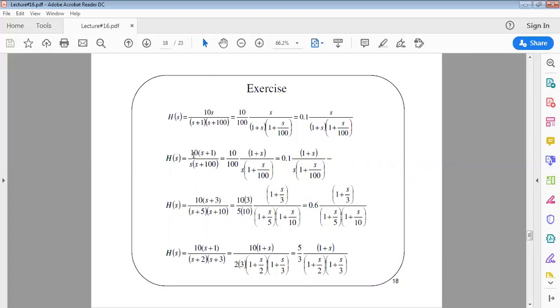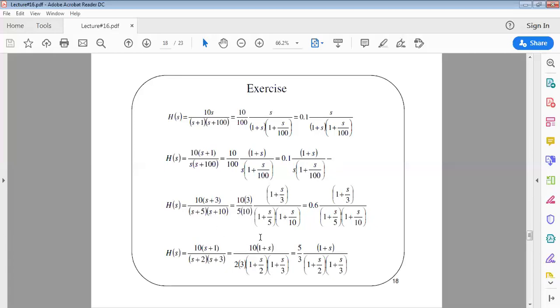The same thing applies: I write this in the correct form. I take 100 outside, so I have 10 over 100, so 1 plus s, 1 plus s over 100. We are going to have 0.1 times (1 plus s) over (1 plus s over 100). Based on this H(s), there are four terms: a constant of 0.1, a zero at 1, a pole at origin, and a pole at 100.